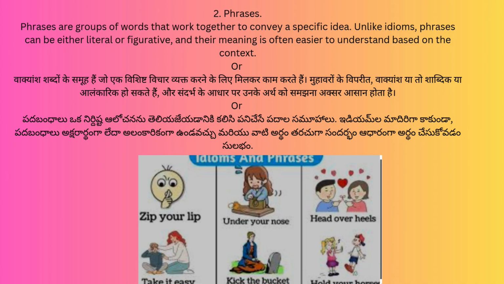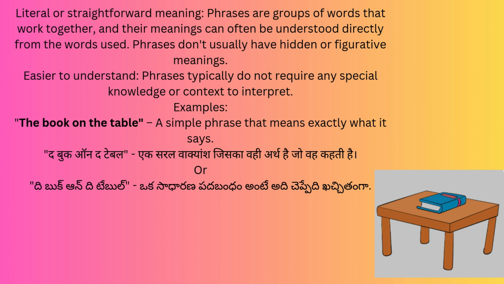2. Phrases. Phrases are groups of words that work together to convey a specific idea. Unlike idioms, phrases can be either literal or figurative, and their meaning is often easier to understand based on the context. Literal or straightforward meaning: phrases are groups of words that work together, and their meanings can often be understood directly from the words used.